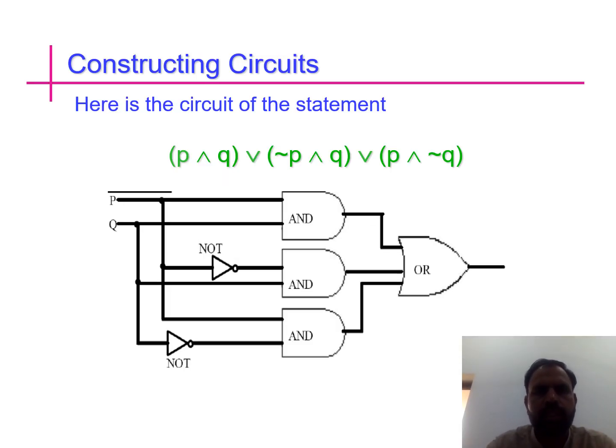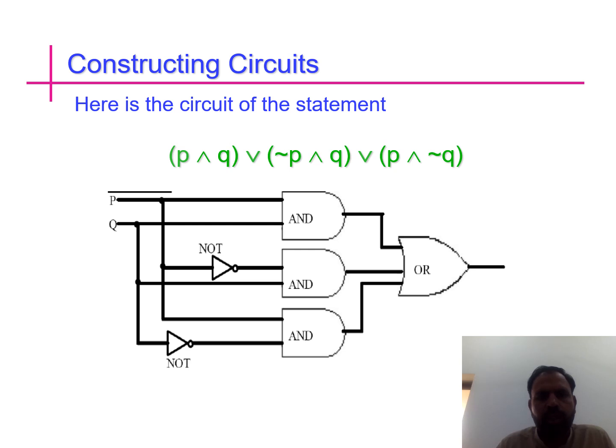Here is constructing circuits. Here is the circuit of the statement: P and Q, or negation P and Q, or P and negation Q. We construct the circuit in this way.